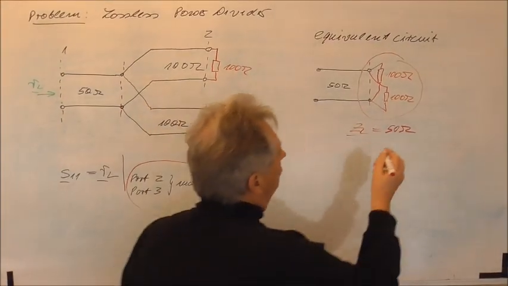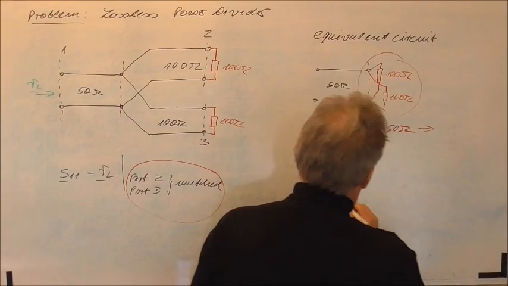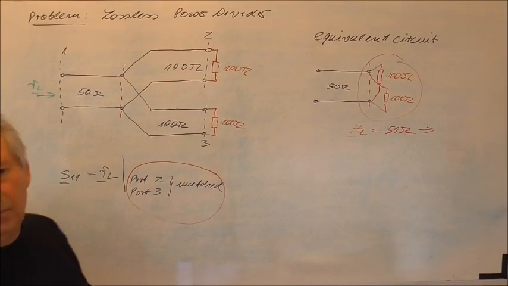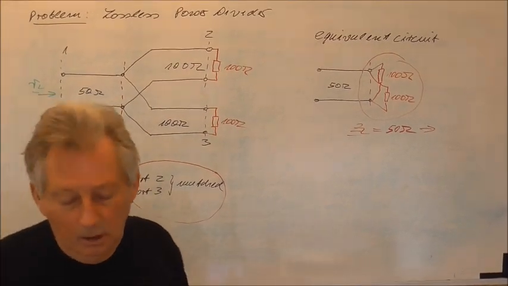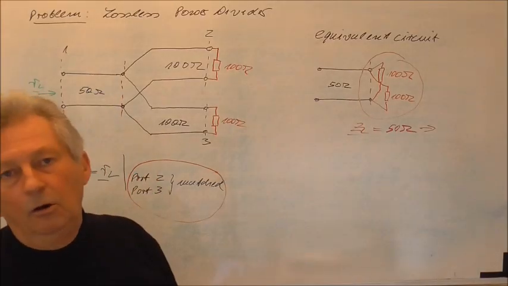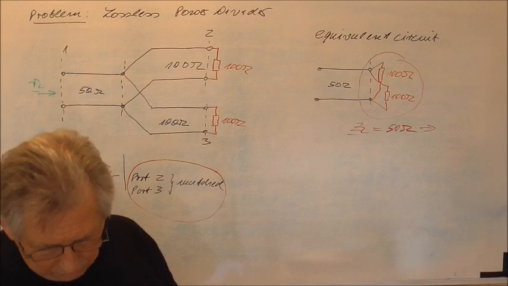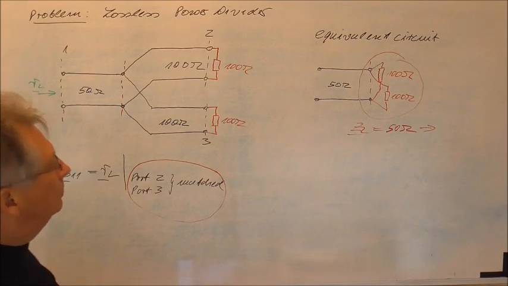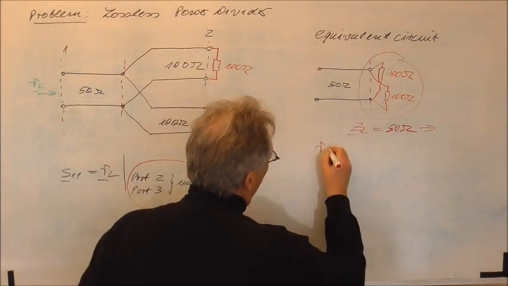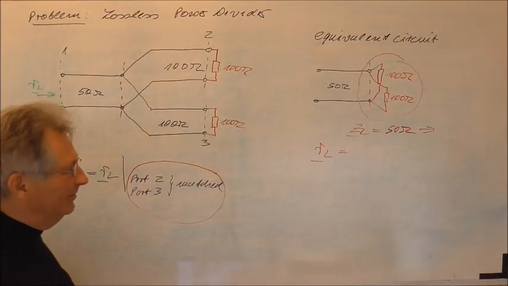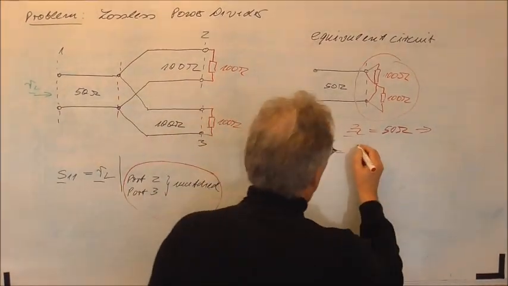And what is then the load reflection coefficient if I terminate a 50 ohm transmission line with a load of 50 ohm? One. Then I write the equation again.